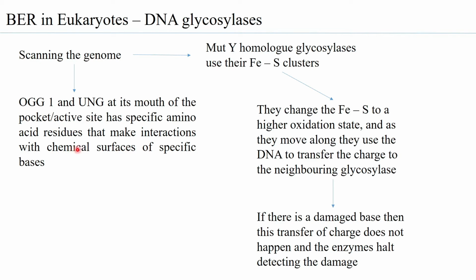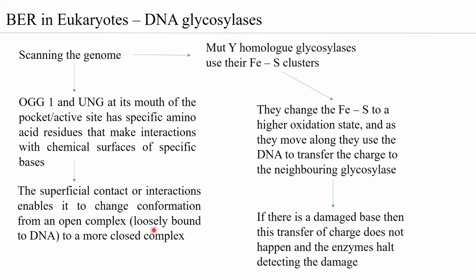What is also interesting to note is that both OGG1 and UNG interact with the DNA as an open complex, but when they interact specifically with the modified base, they form a more closed complex. So the conformation goes from a loosely bound complex to a more closed complex, and this change in conformation marks the presence of the base lesion.